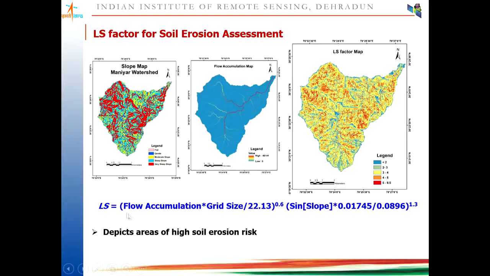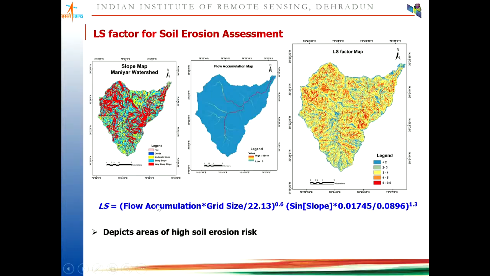To calculate the LS factor, the input parameter required is the flow accumulation map. And I told you previously that the flow accumulation map shows which pixel is receiving runoff water from how many pixels. So the pixel number shows the number of pixels it is receiving.